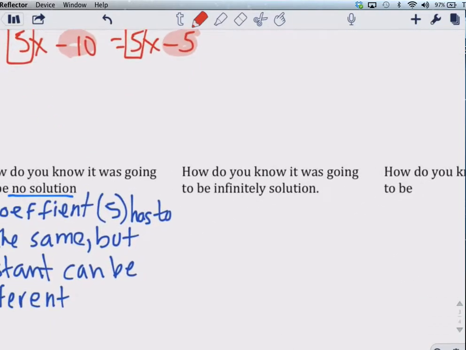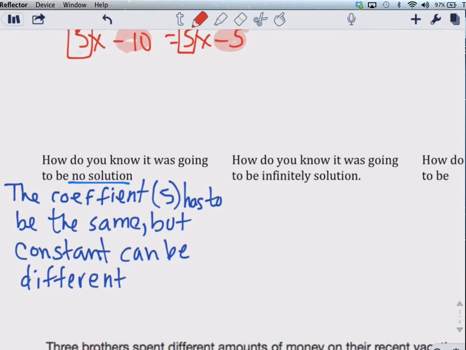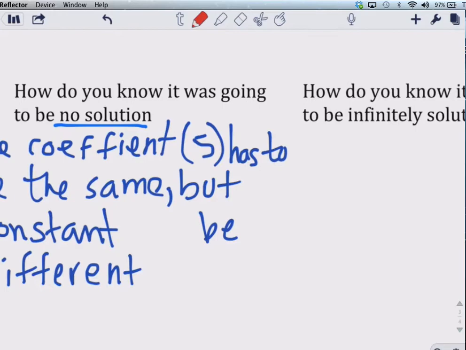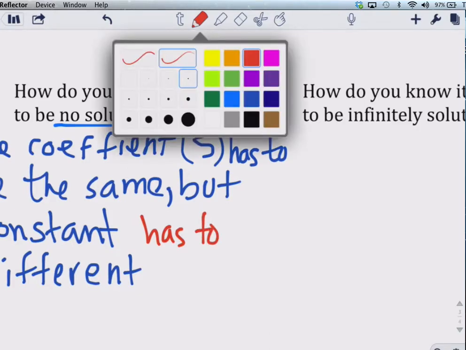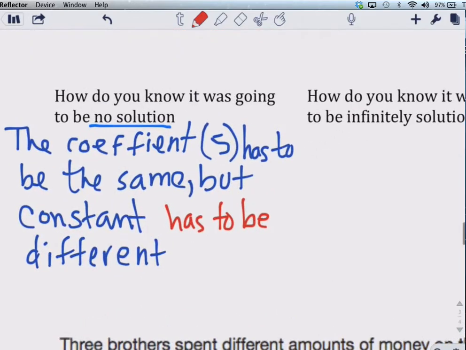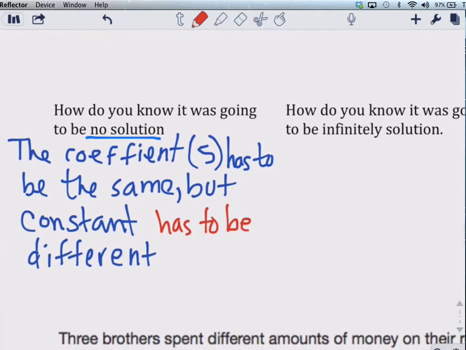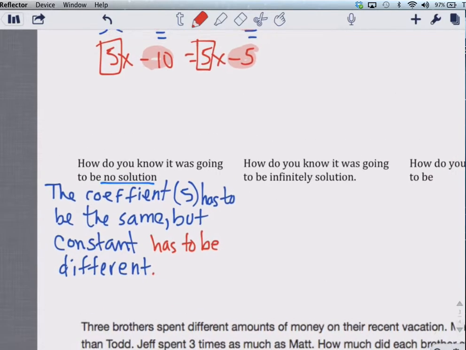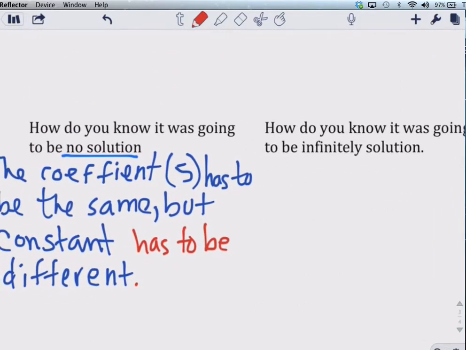The constant, and not can be, it has to be different. In this case, the constant.